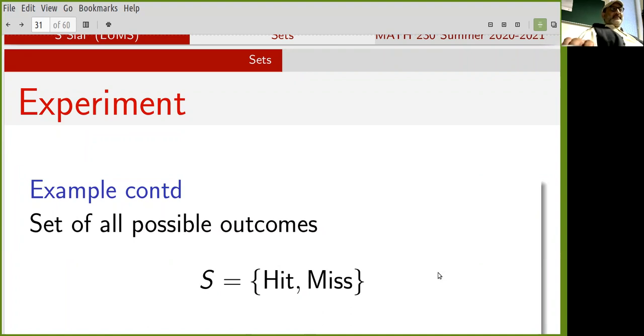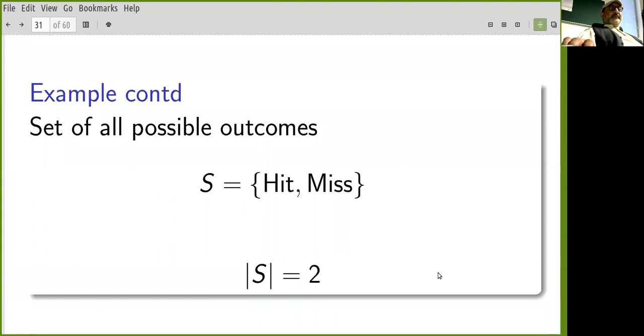In this case, the set of all of the possible outcomes is the set which has elements hit and miss. The number of elements in this set of all possible outcomes is 2, right? Hit and miss. There are 2 elements in this set.